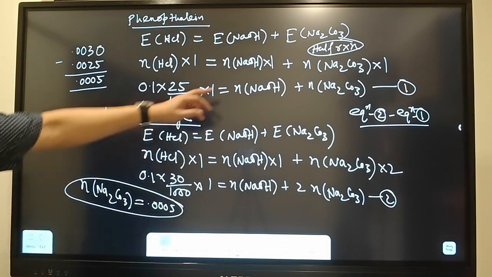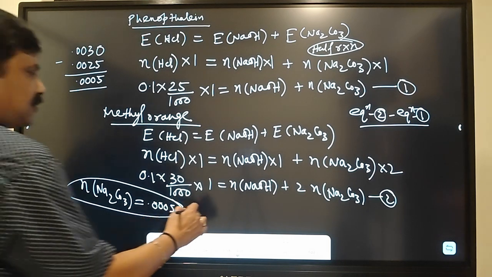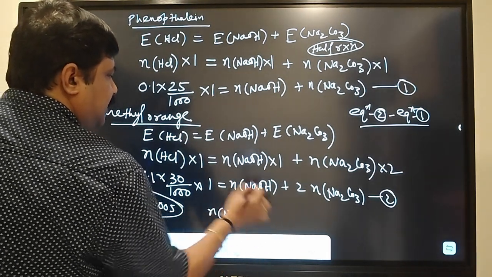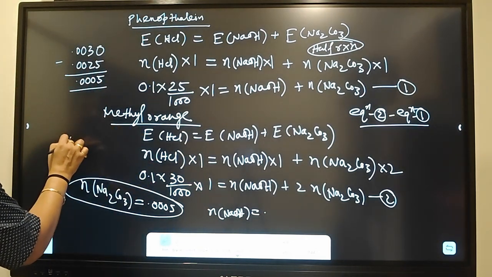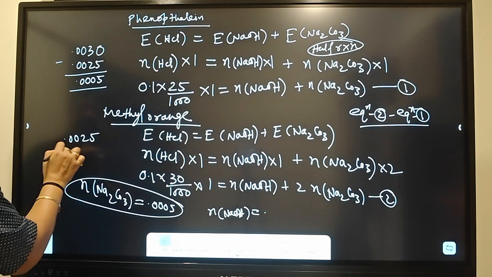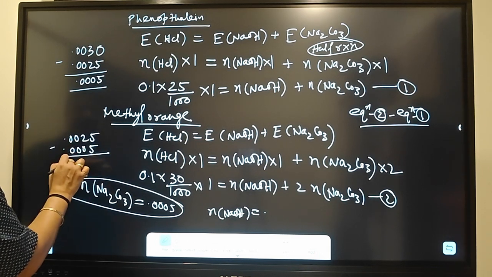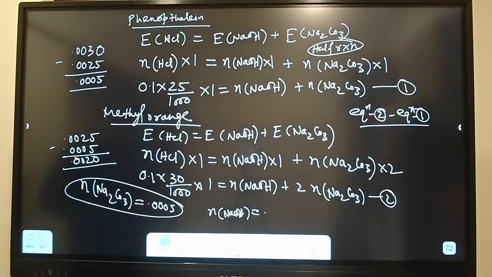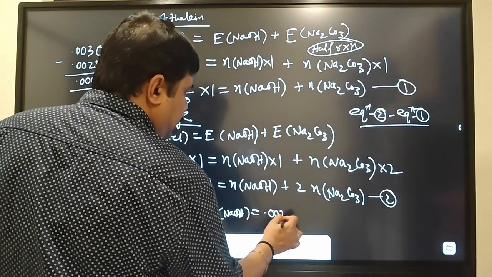If you put this value into equation 1, then the number of moles of NaOH will be 0.0025 minus 0.0005, and you will get 0.0020. This is your number of moles of NaOH.